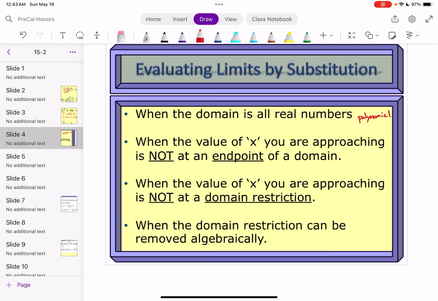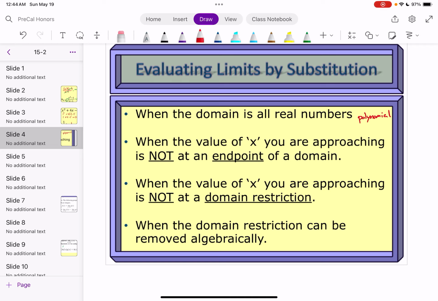So when the value of x you are approaching is not an endpoint of a domain, meaning the furthest left side or furthest right side, wherever it stops, at that point, you do not want it to be the endpoint of that domain. So the value of x you are approaching is not the domain restriction.